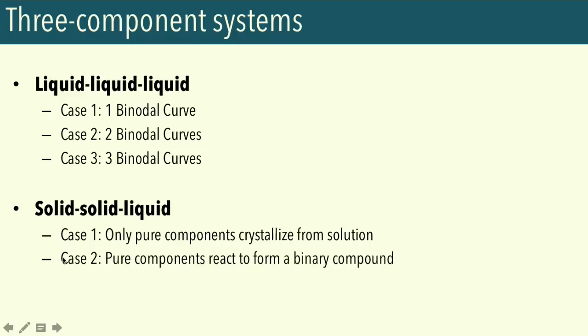Our second set of cases include our solid, solid, liquid systems. For case 1, we're just going to consider when only the pure components crystallize from solution, and for the second case, we could have, similar to our 2-component systems, a reaction between our components. So let's look at our first liquid, liquid, liquid system.